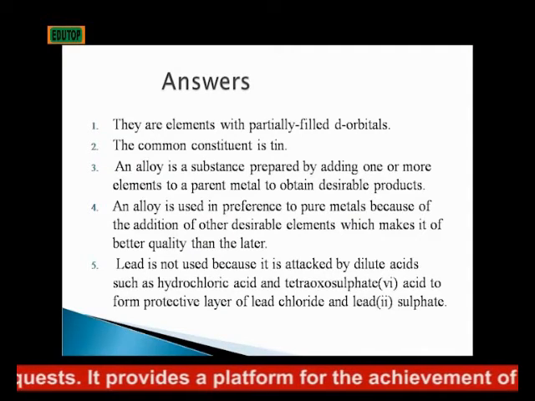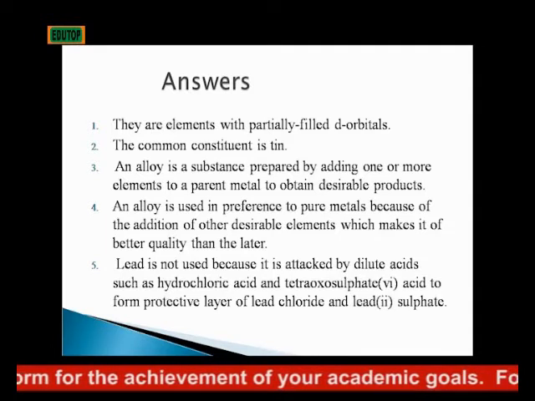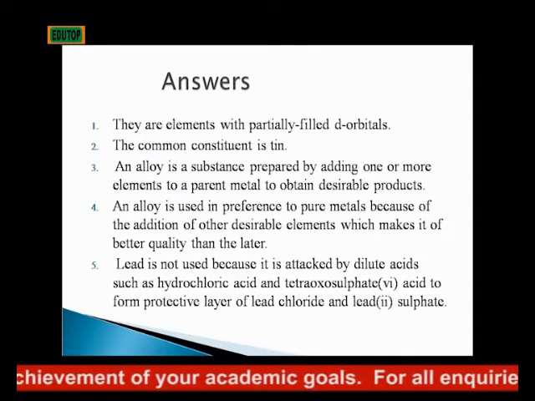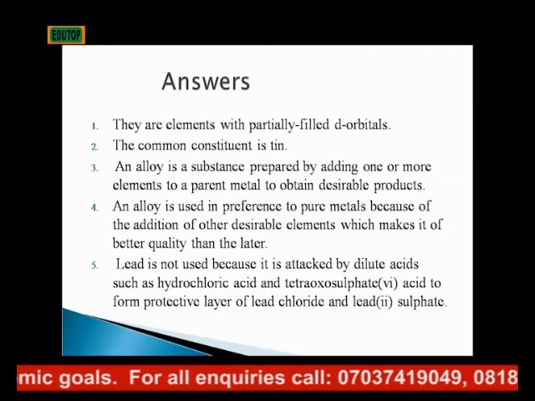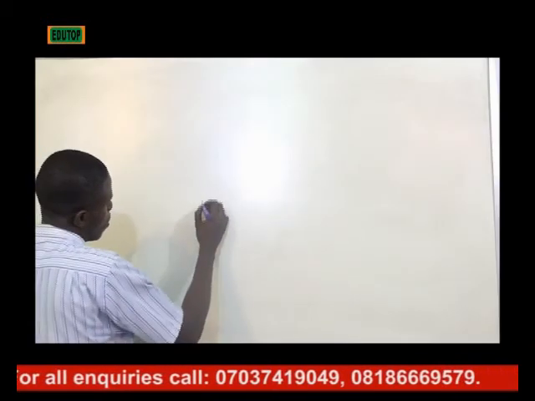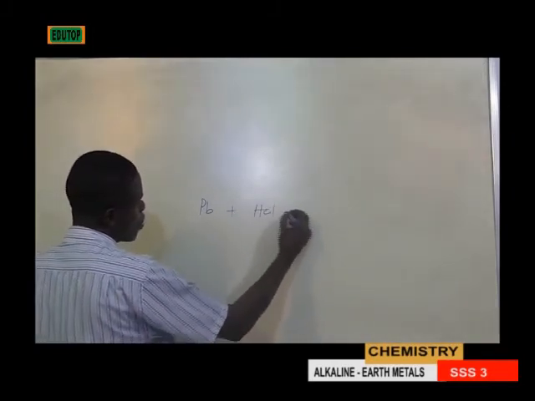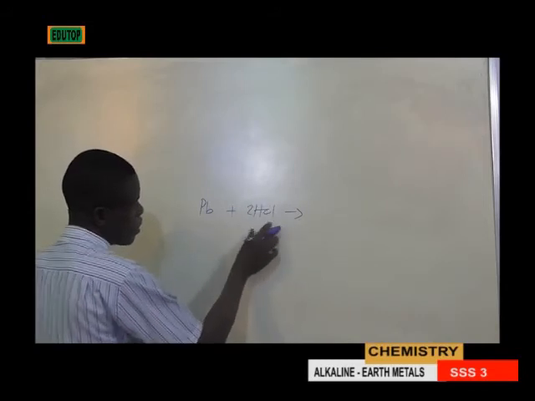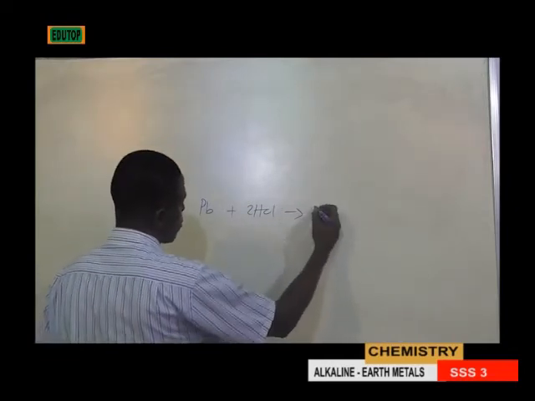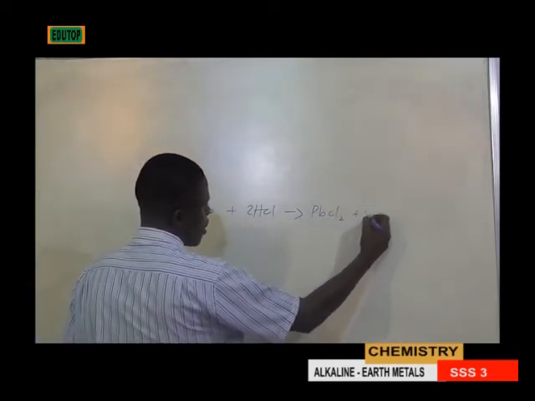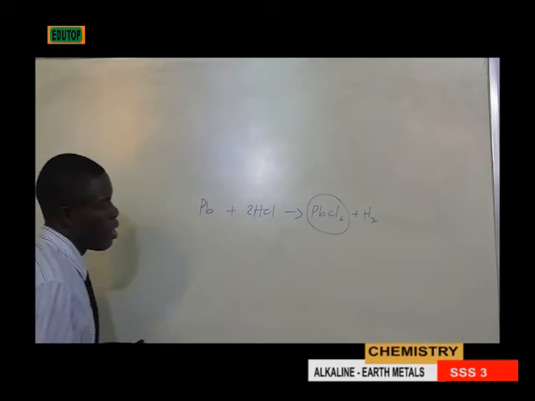Lead is not attacked by dilute acids such as hydrochloric acid and sulfuric acid because they form a protective layer of lead 2 chloride and lead 2 sulfate. With dilute hydrochloric acid, it forms lead 2 chloride and hydrogen gas, and the chloride acts as a protective layer.